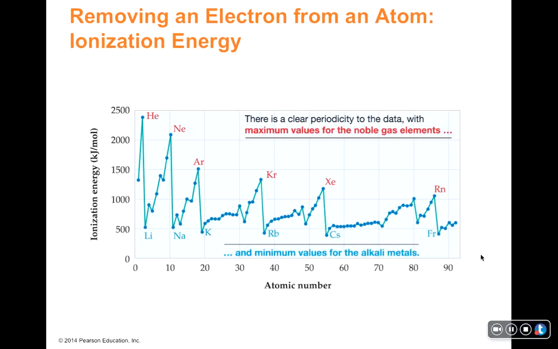A few other things to note here, and this just points to the specific chemistry of these atoms, is that you have maximum values of ionization energies for the noble gas elements in any particular period as you're going across.